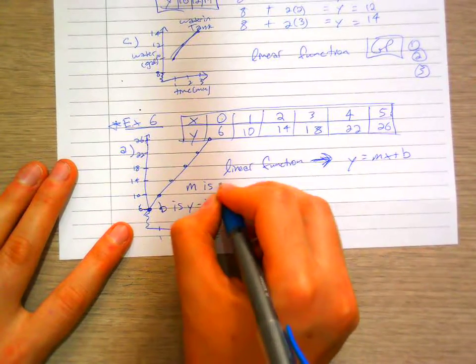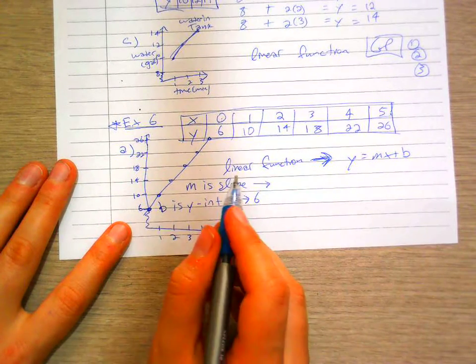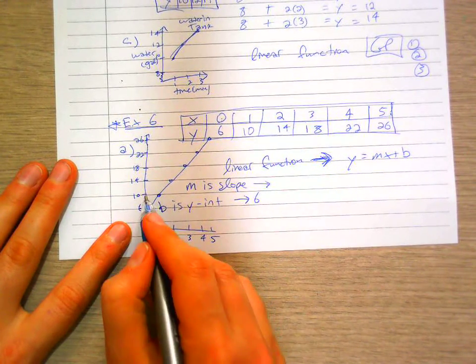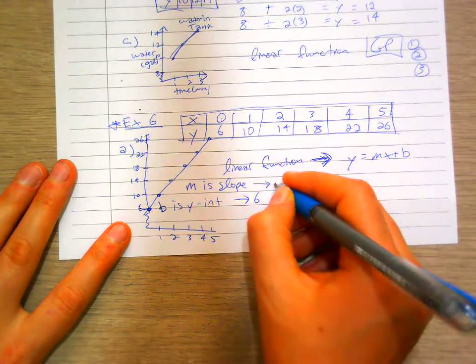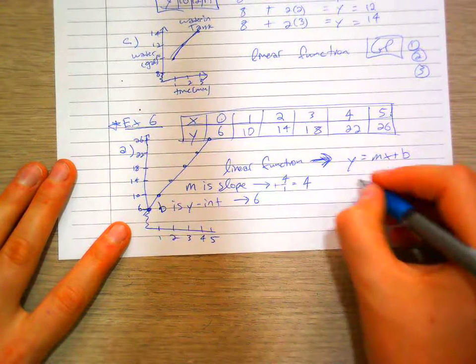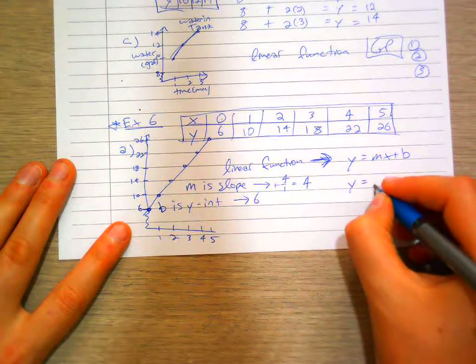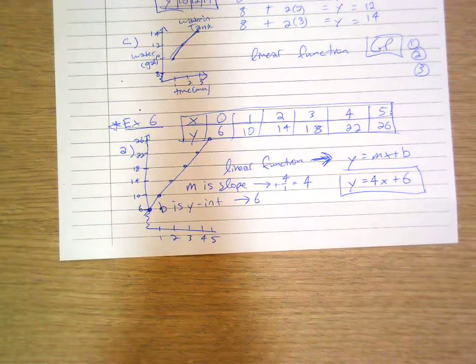M is slope. We can see that it's positive, it goes up. The rise is 4 as it goes over 1, so the slope equals 4. Remember, it's positive. We know b, we know m, so we can translate this into the equation y equals 4x plus 6. And that's how we write it.